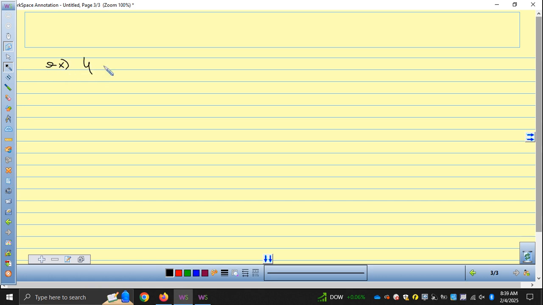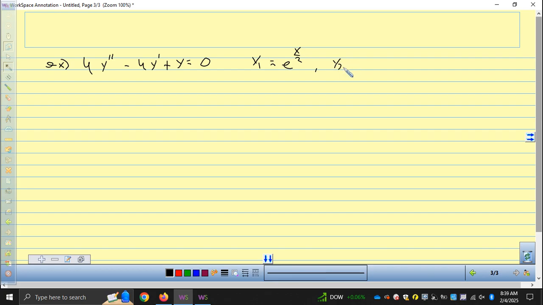So we have 4y double prime minus 4y prime plus y equals 0. And y1 equals e to the x over 2, and y2 equals x e to the x over 2.